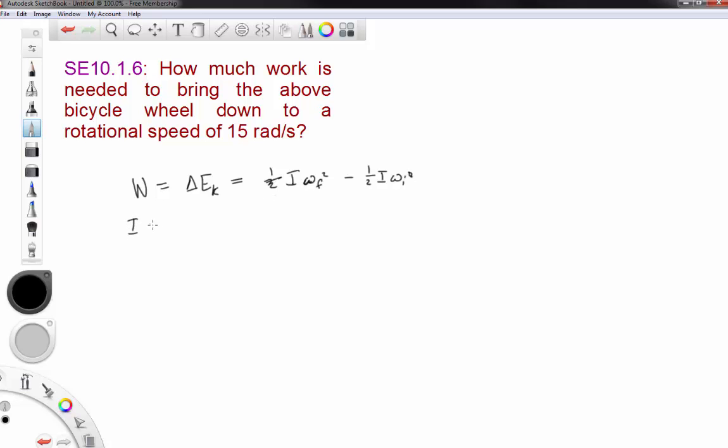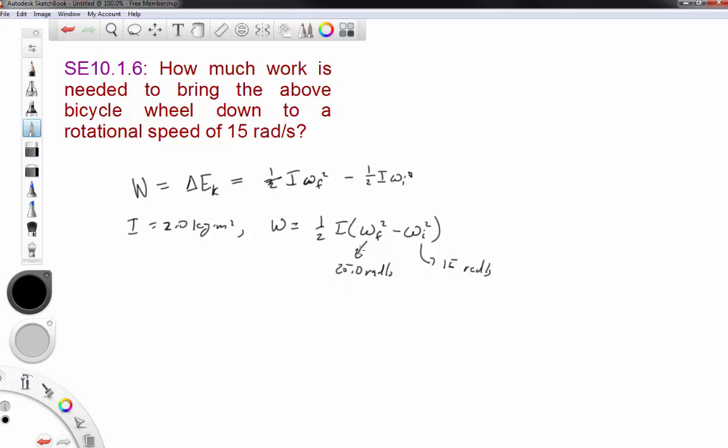All right, well, again, I was equal to 2.0 kilogram meters squared. And so this work we could write as work is 1/2 times I times the difference in rotational speeds squared. So this one right here was 25.0 radians per second. This one right here is 15 radians per second.